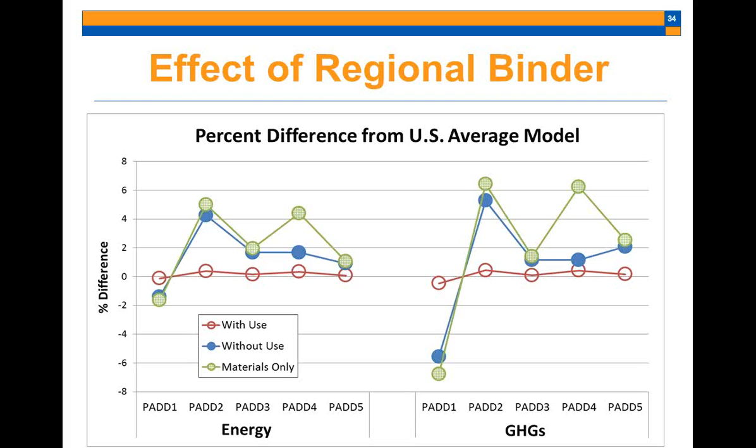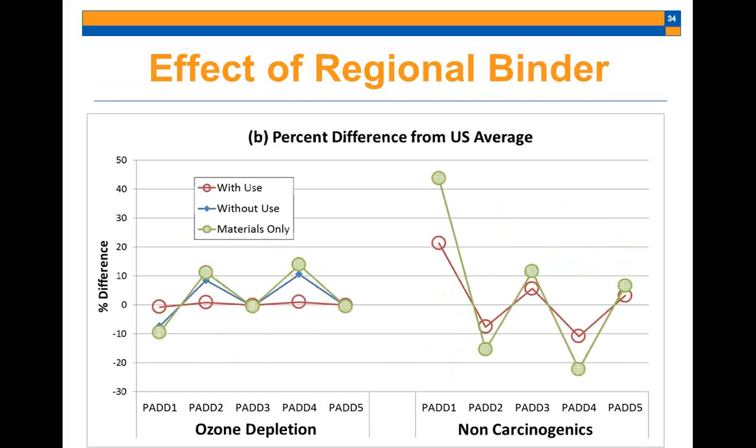But if we take out the use phase and look just at the material, just the other phases, we can see that the differences go up to a range of 6 to 8% for energy, and then a little bit more for greenhouse gases. What's interesting is if we look at other impacts. So, for example, ozone depletion, which we saw earlier, had a very big variation due to regions.